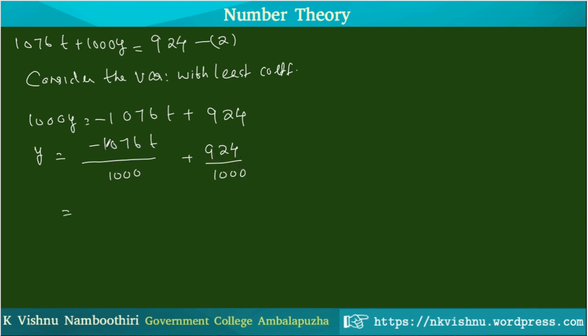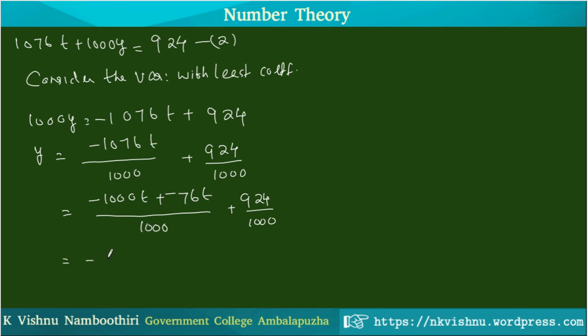1076 in terms of 1000 is going to be 1000 into 1 plus 76. Therefore this could be split as minus 1000t plus minus 76t divided by 1000 plus 924 by 1000.